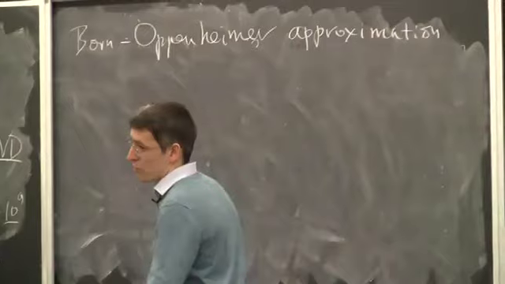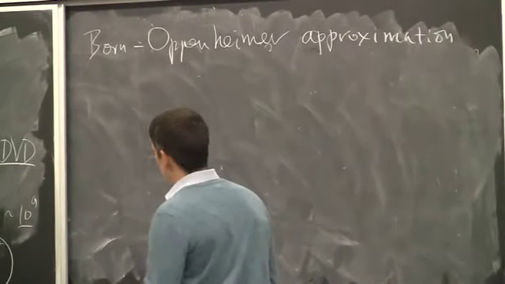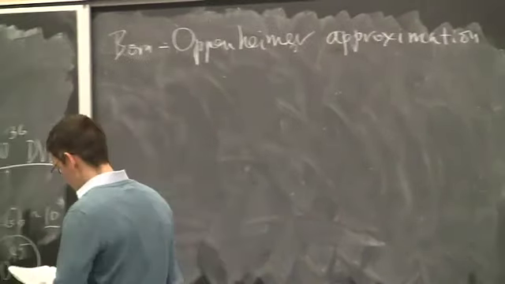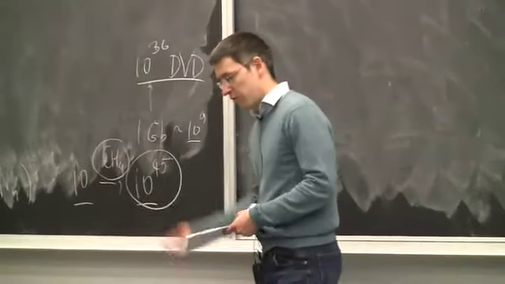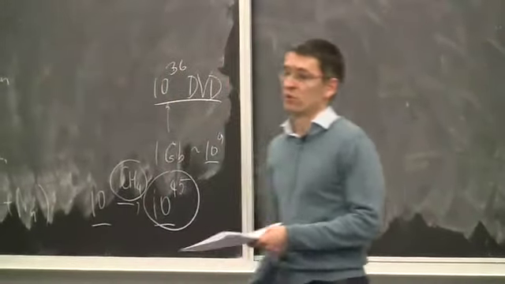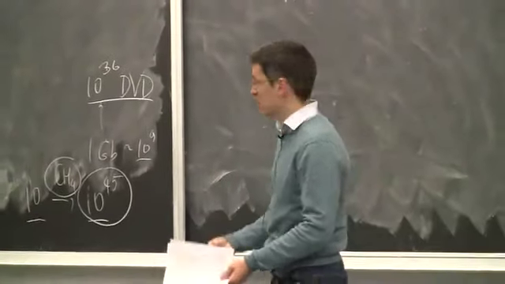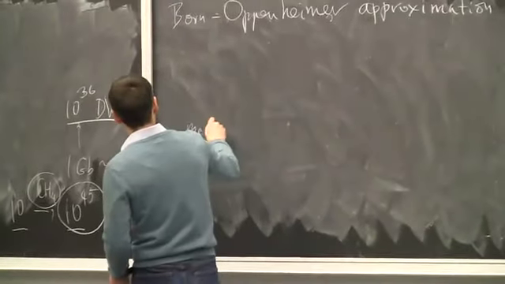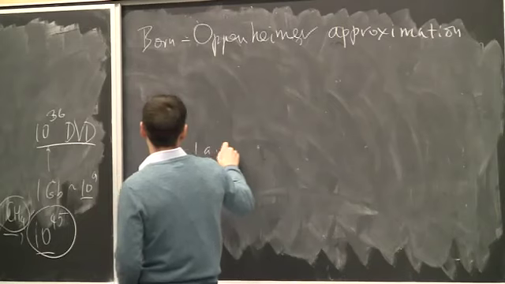Okay? So what Born and Oppenheimer did is a very intuitively simple idea that follows from classical intuitions. Electrons are light, nuclei are much heavier, right? So the mass of an electron in atomic units is 1.